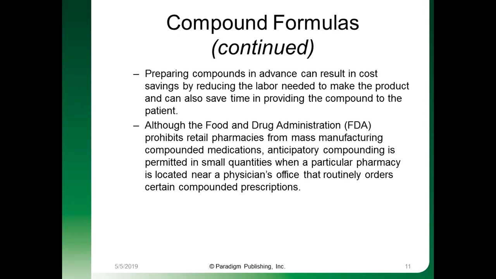Again, this preparing in advance does help whenever there is an outbreak, but then again, you have to be cautious as well. For example, the Tamiflu example that I gave earlier, if we produce a lot of it and not enough patients come in for it, then you're also risking cost.